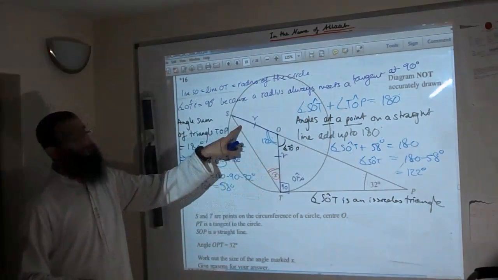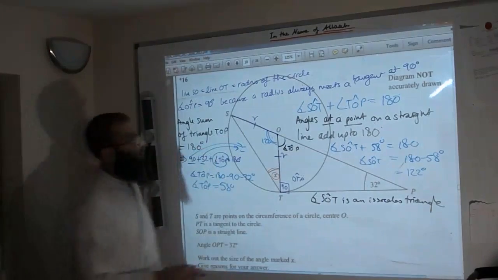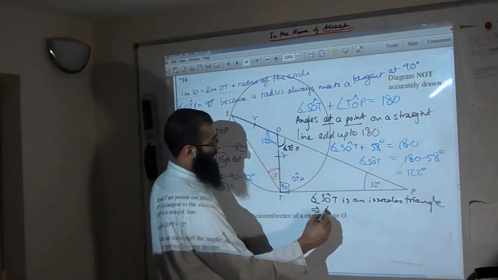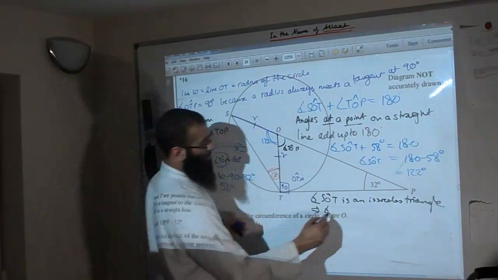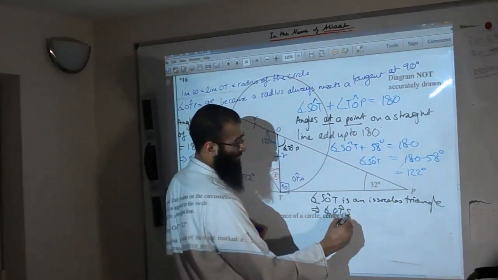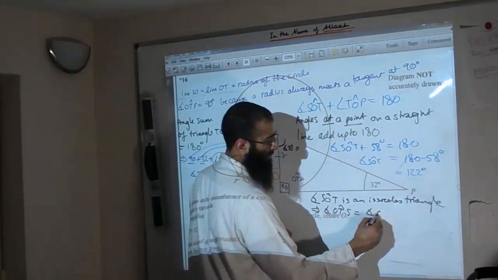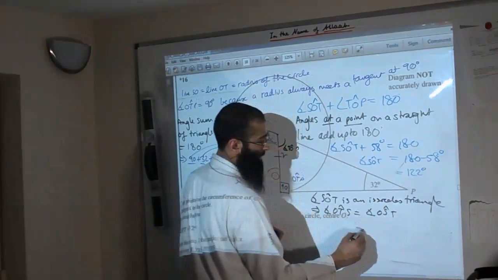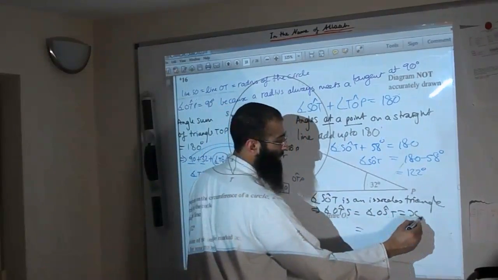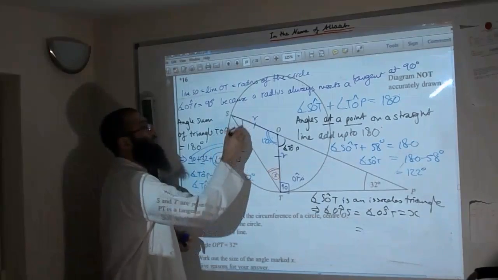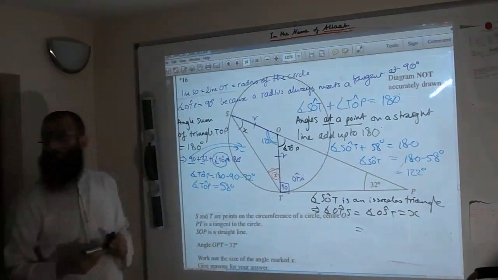That means this angle and this angle are the same. Therefore angle OTS is equal to angle OST, and they're both equal to x. So this angle is the same as that angle, so they both are going to be x.